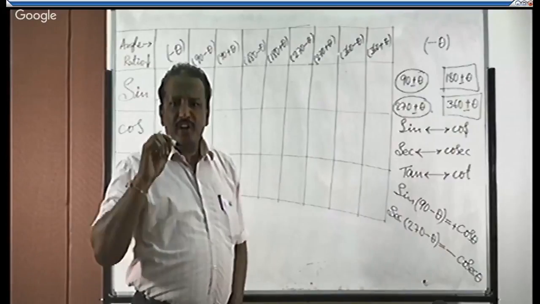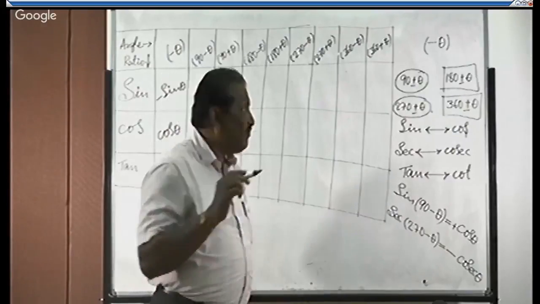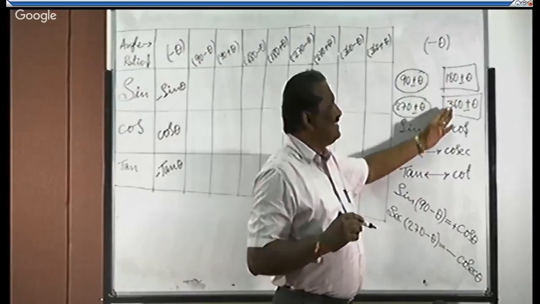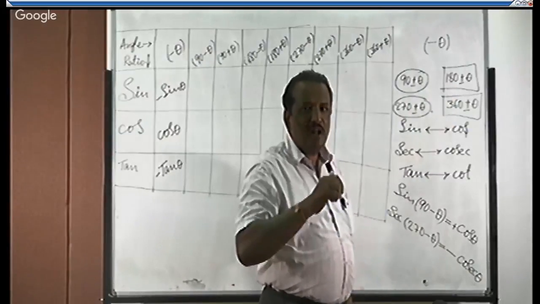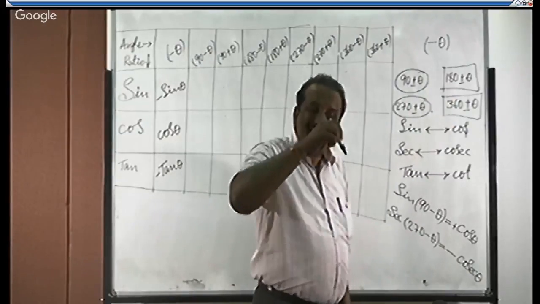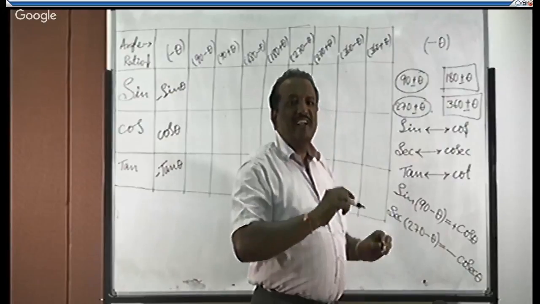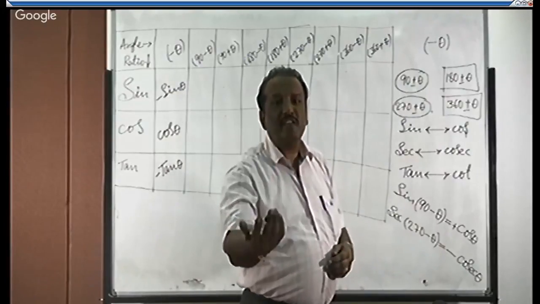If you are going to connect any trigonometric function for the angles of this range, whatever trigonometric function is on the left hand side, write the same trigonometric function on the right hand side.